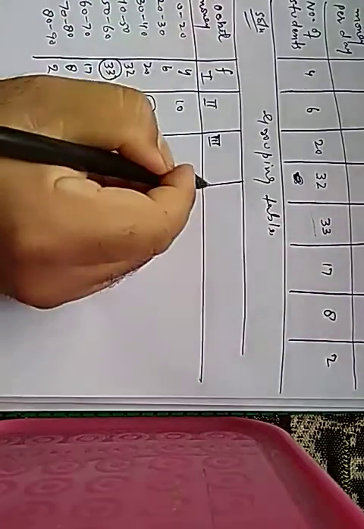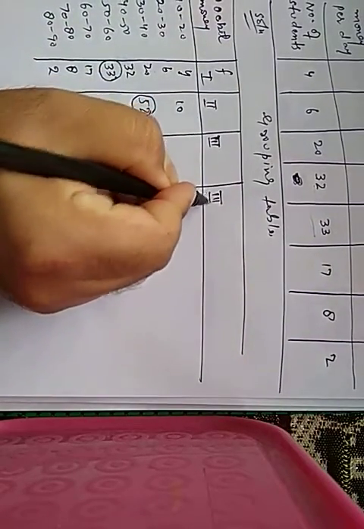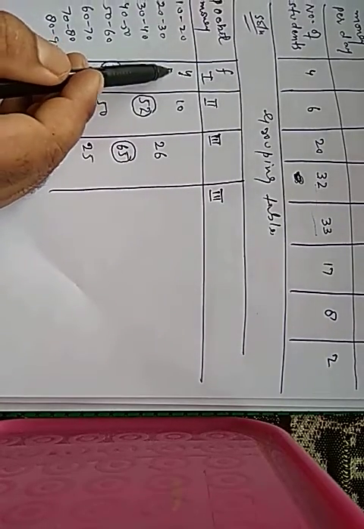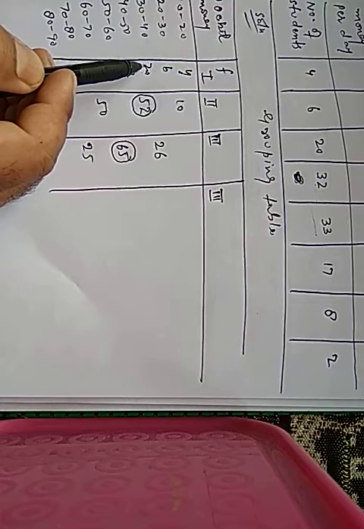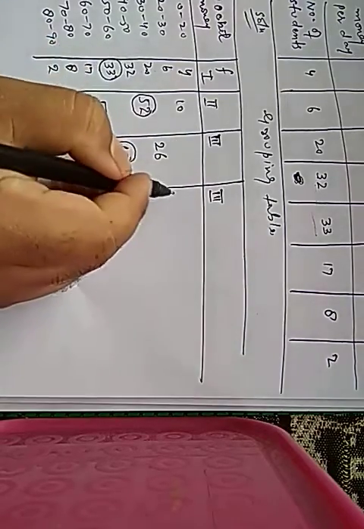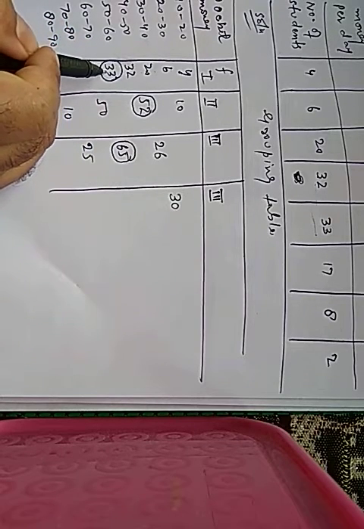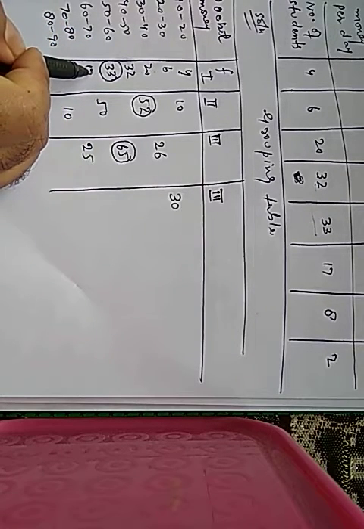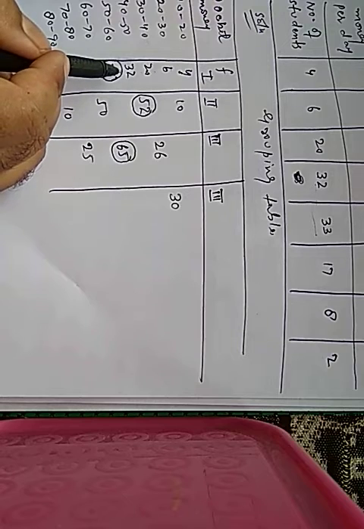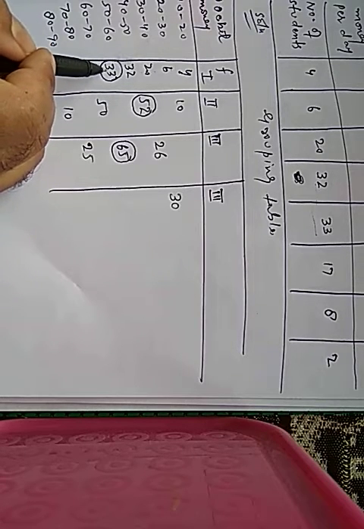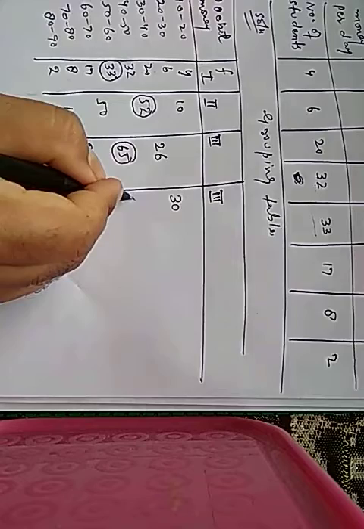In the third column, we add the frequencies in threes. तीन frequencies को हम add करते हैं, उसके बाद मार्क करते हैं, encircle करते हैं highest frequency. 4 plus 6 plus 20, it will be equal to 30. 32 plus 33 plus 17, it will be equal to 82.